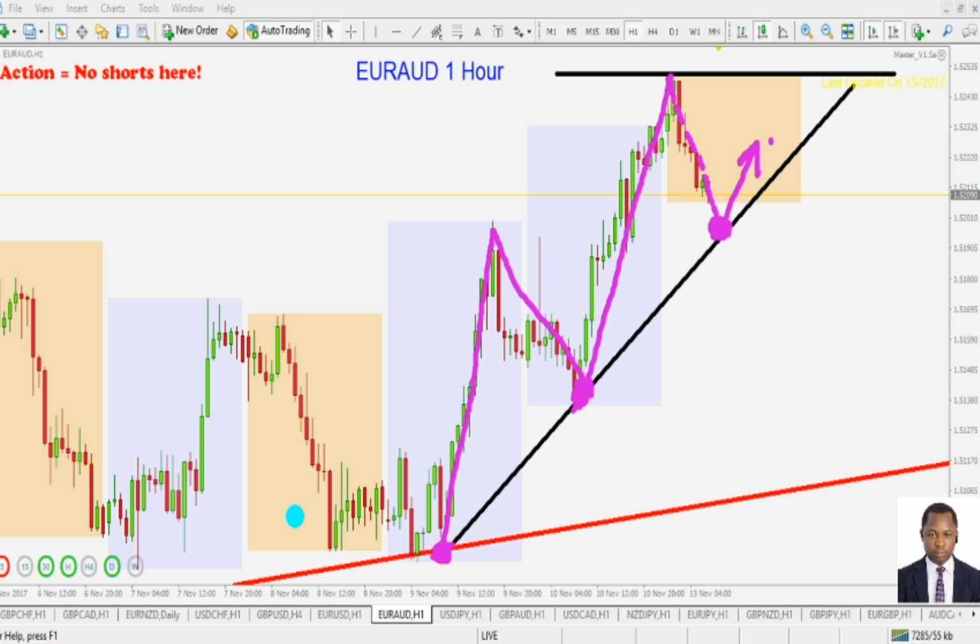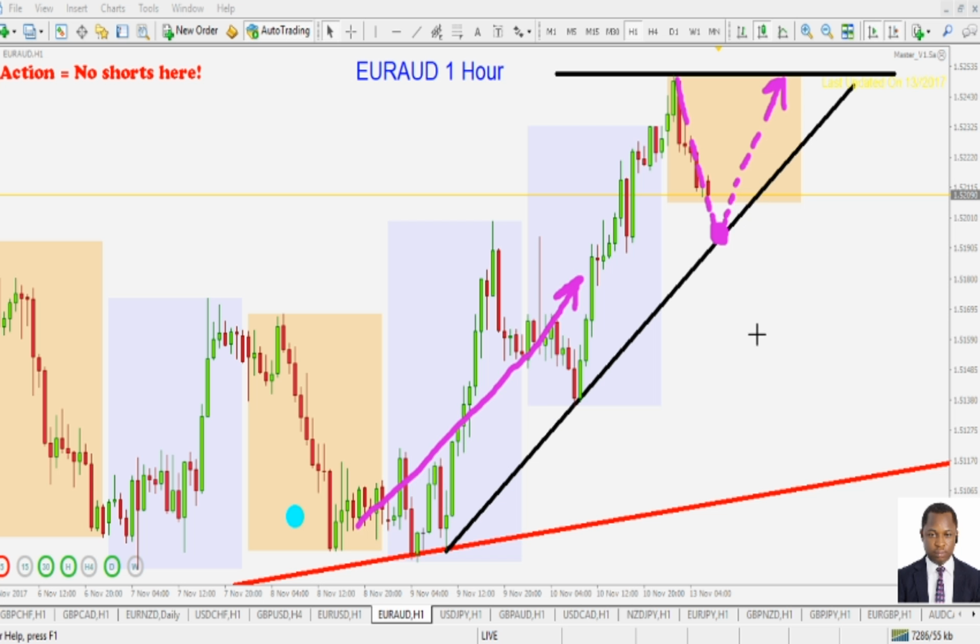All right, there are two, or let's say three, possible outcomes here. If price comes back to retest that trend line, we might get a bounce for a continuation of this trend. That is one possible outcome.